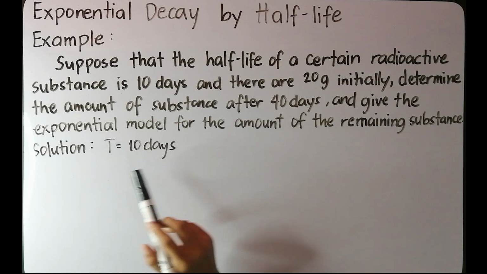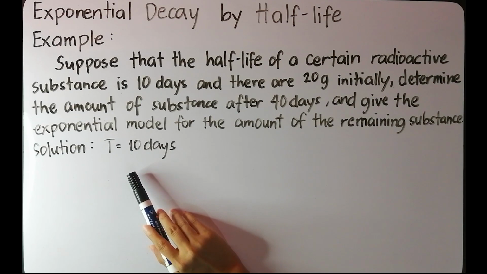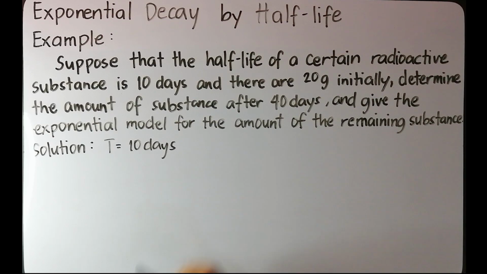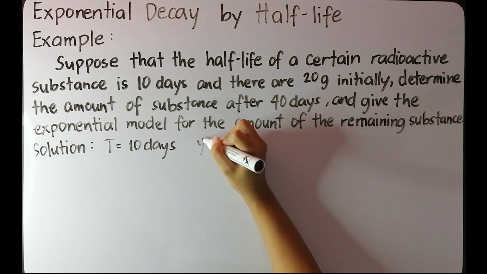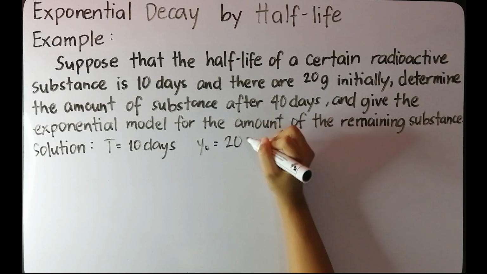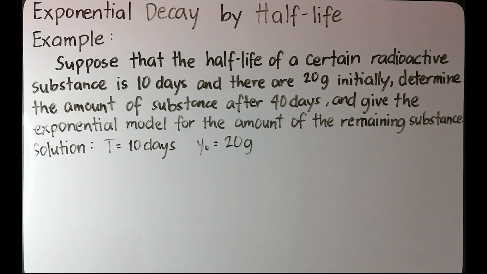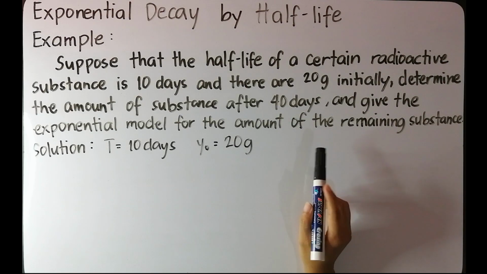So in here, this is the time when it will be reduced by half. Now, another given, we have the initial value, which is y sub 0, which is 20 grams. Now, we have to determine the amount of substance after 40 days.